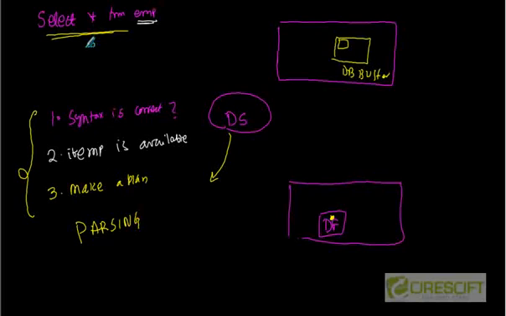Parsing of a SQL statement means checking that it is compiled, and the execution plan and all those things together are called parsing. Let's say after some time, after we are done with select star from EMP, another user comes and also gives select star from EMP.